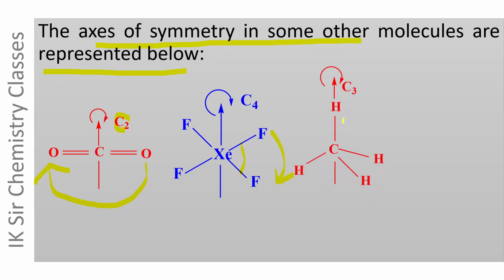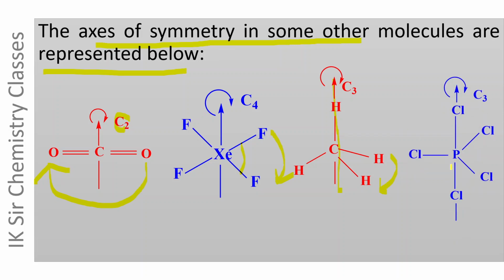In CH4 molecule, this axis is C3 because the rotation of CH4 molecule about this axis by 120 degree, that is 360 degree by 3, produces an indistinguishable orientation.